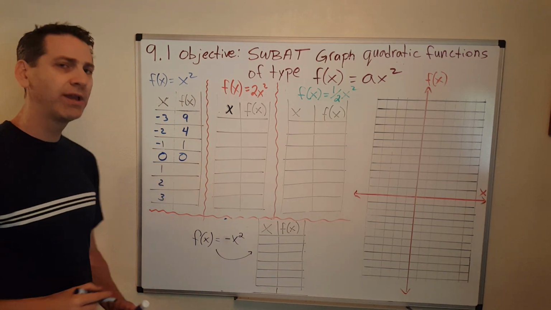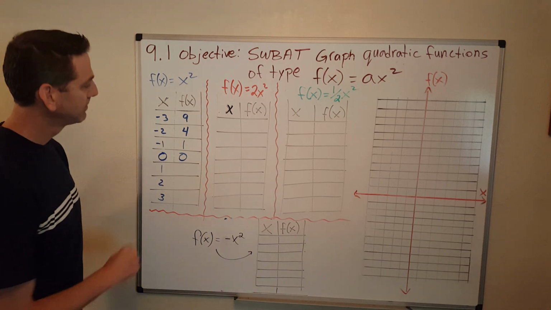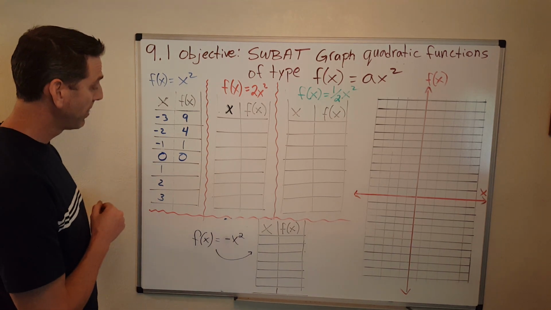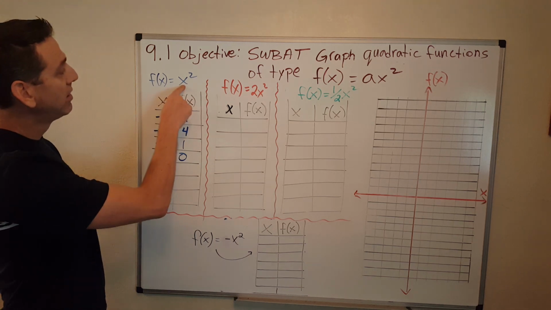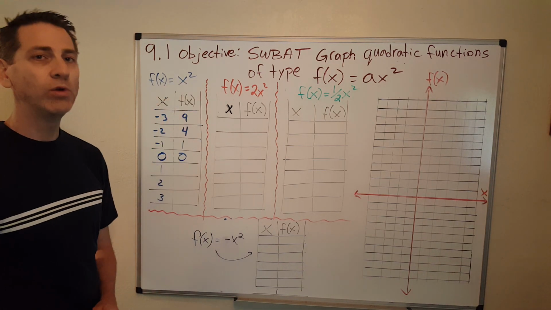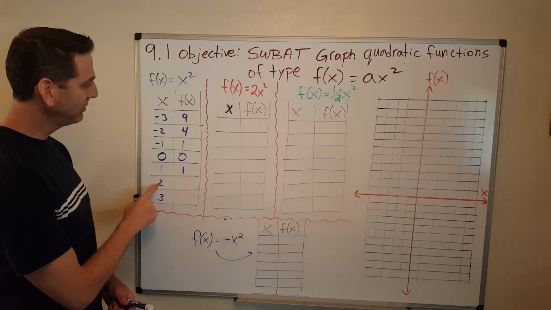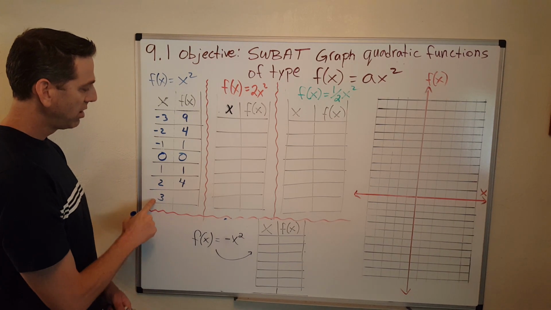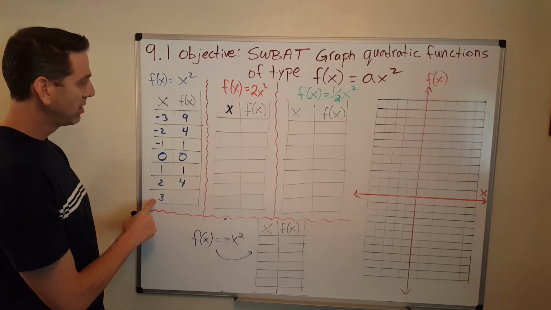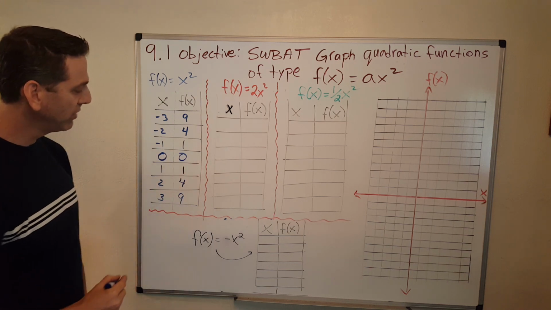Now what happens when we get into the positive side of our x values? At x equals 1, 1 times 1 is 1. When x equals 2, 2 squared is 4. And at x equals 3, 3 squared is 9, so f of x equals 9.